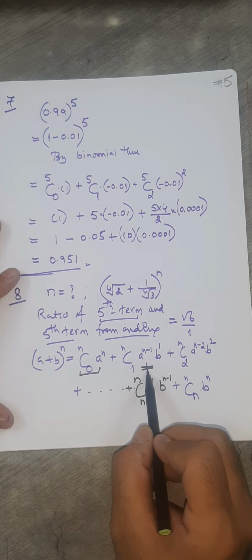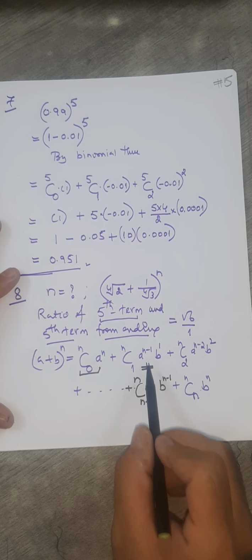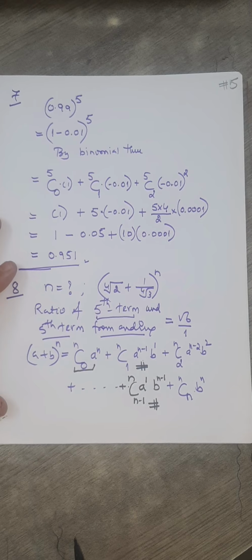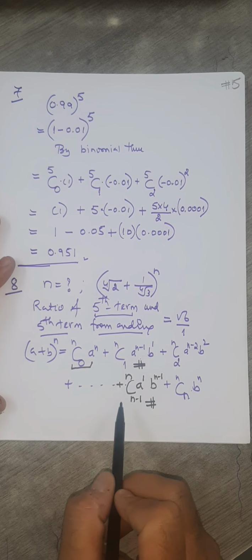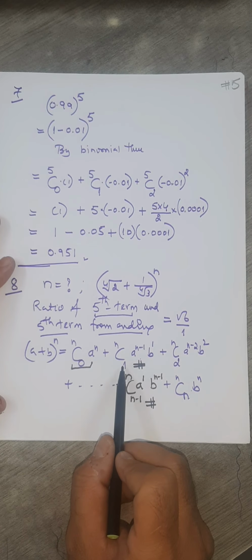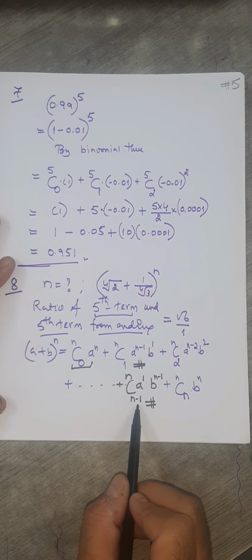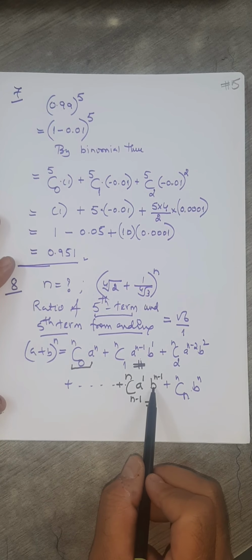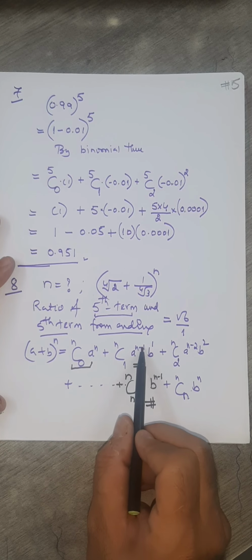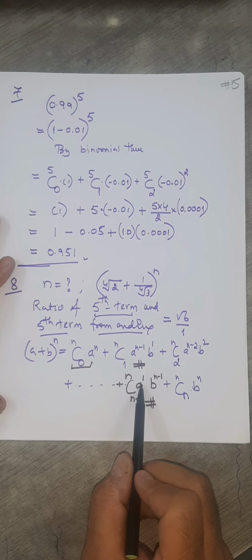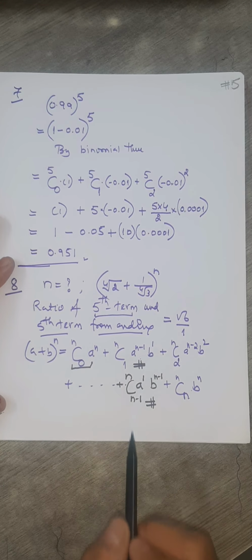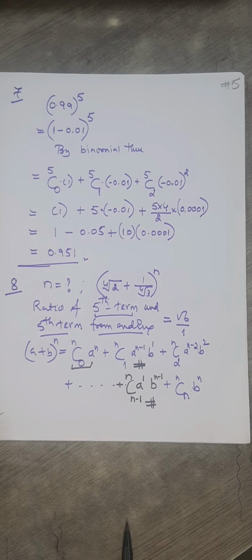Let's observe the second term from beginning and second term from ending. Now if you notice, here you have nc1, here you have ncn minus 1. Fine. And powers get interchanged. You see here n minus 1 is the power of a, here it is the power of b. Here 1 is the power of b, here it is the power of a, remember.